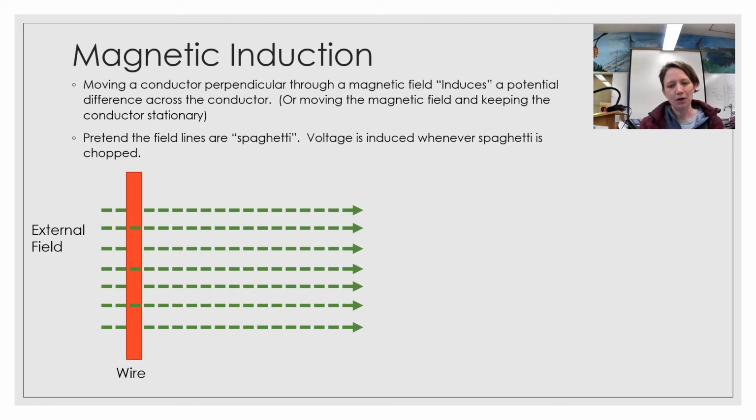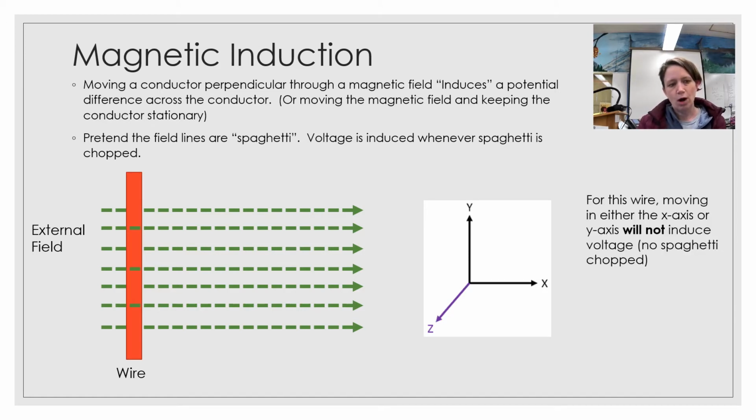Conceptually, I find a really useful analogy is to pretend that the magnetic field lines are infinitely long strands of spaghetti. And magnetic induction is going to occur anytime that conductor is chopping through the spaghetti.